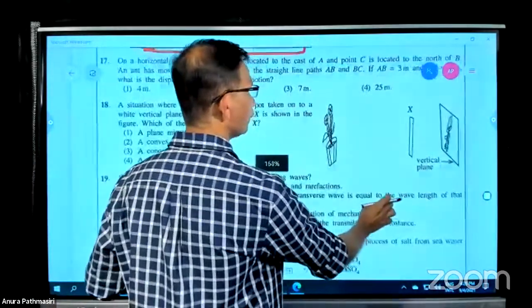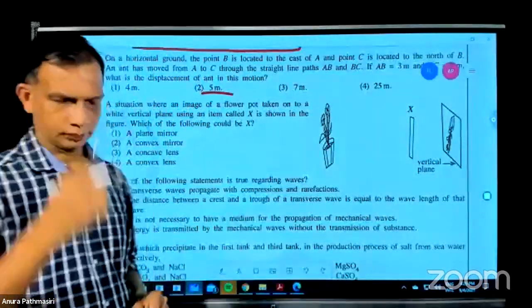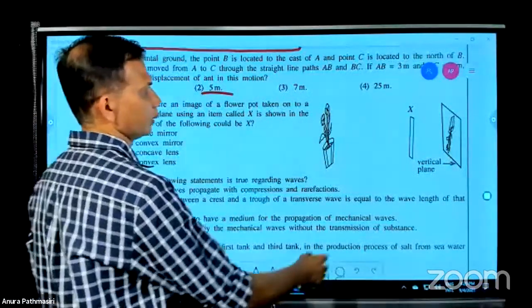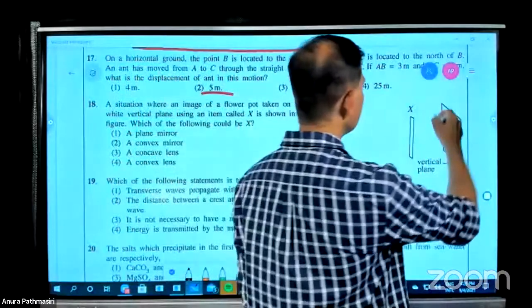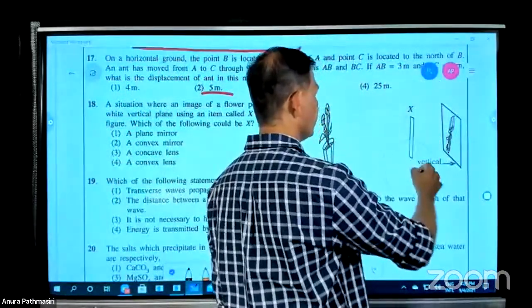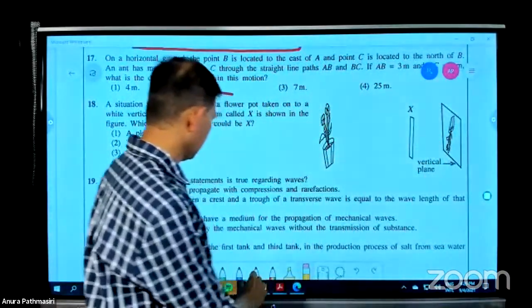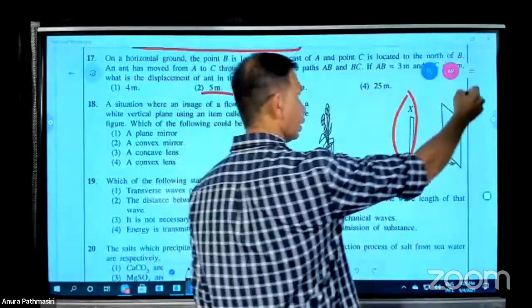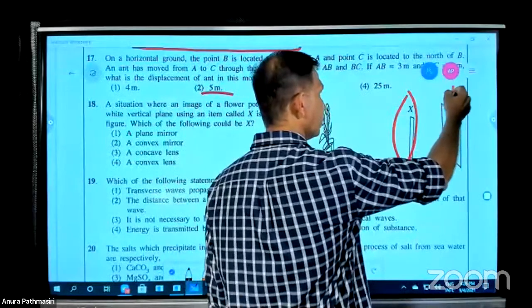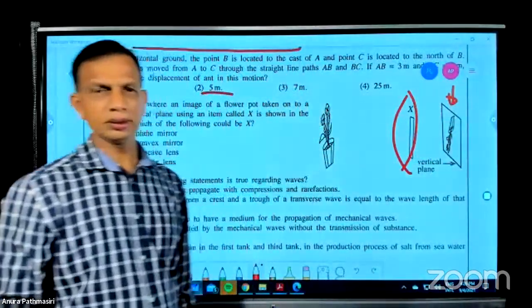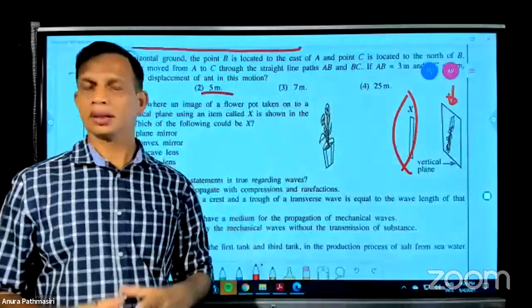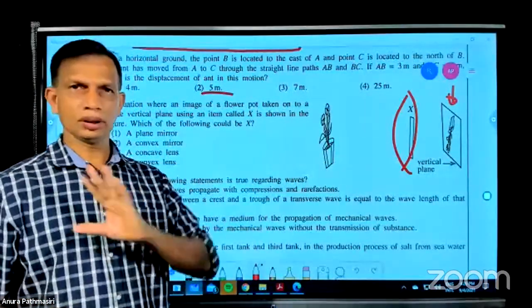Can it be a plane mirror? No, it can never be, because to get the image onto a screen through an optical instrument is only possible when it is a lens, not a mirror.